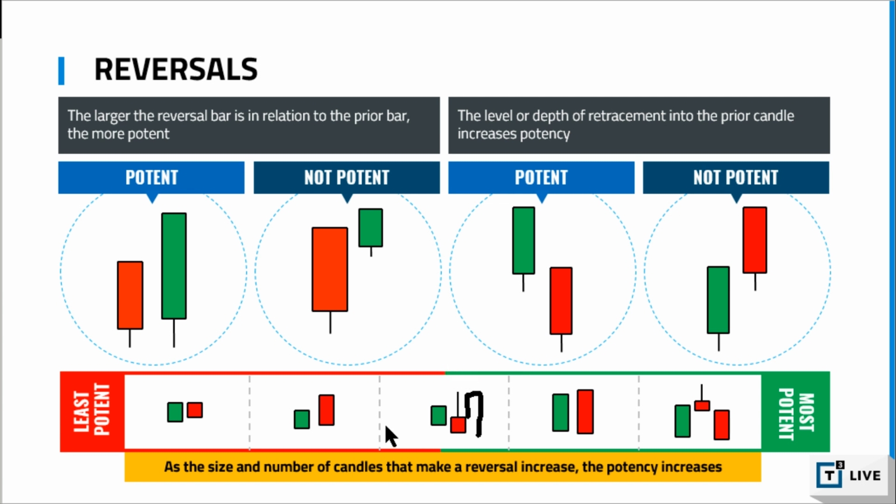If it formed slowly, then you'd see two red bars. Not as effective. So a topping tail bar does not give people the chance to get out. So that's why this was potent, but it also retraced more than 100% of yesterday's bar. This one was pretty bearish.